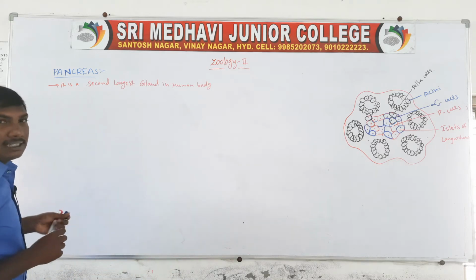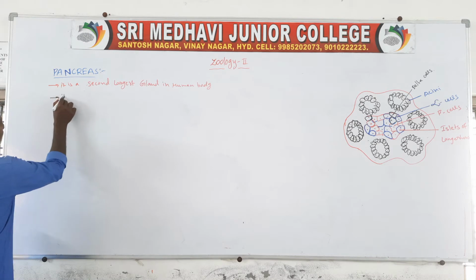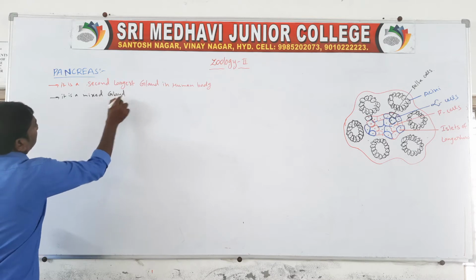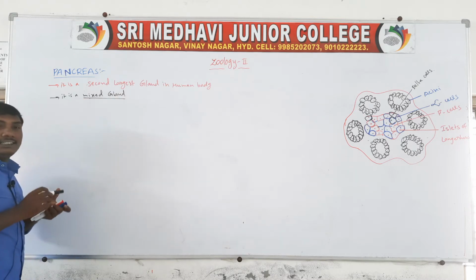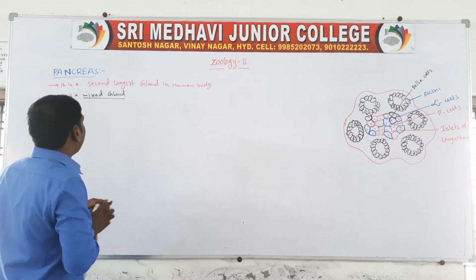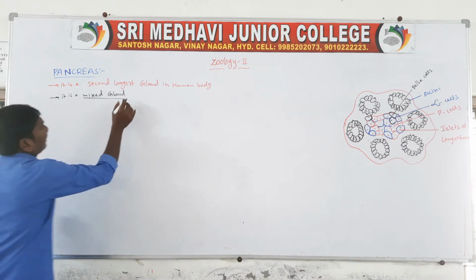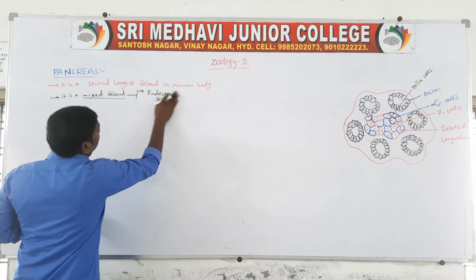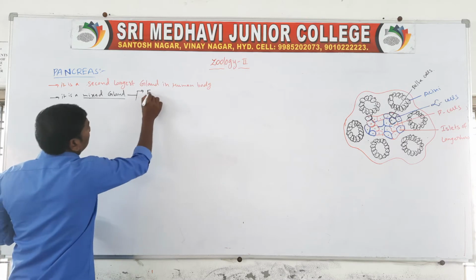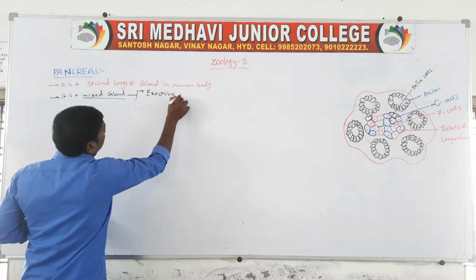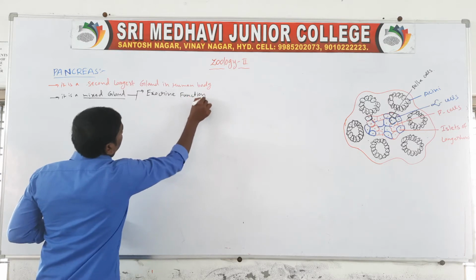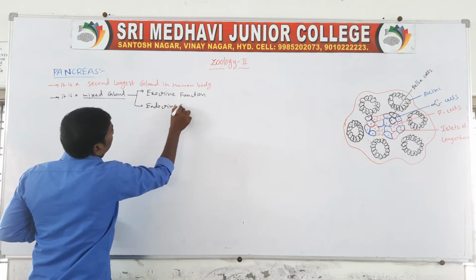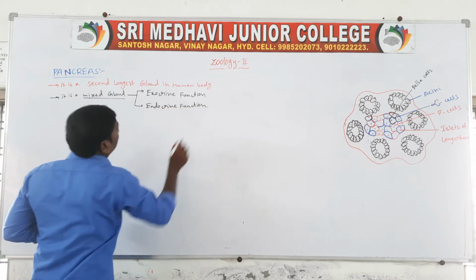Next, the pancreas is a mixed gland. Mixed gland means it has two functions: endocrine function and exocrine function.